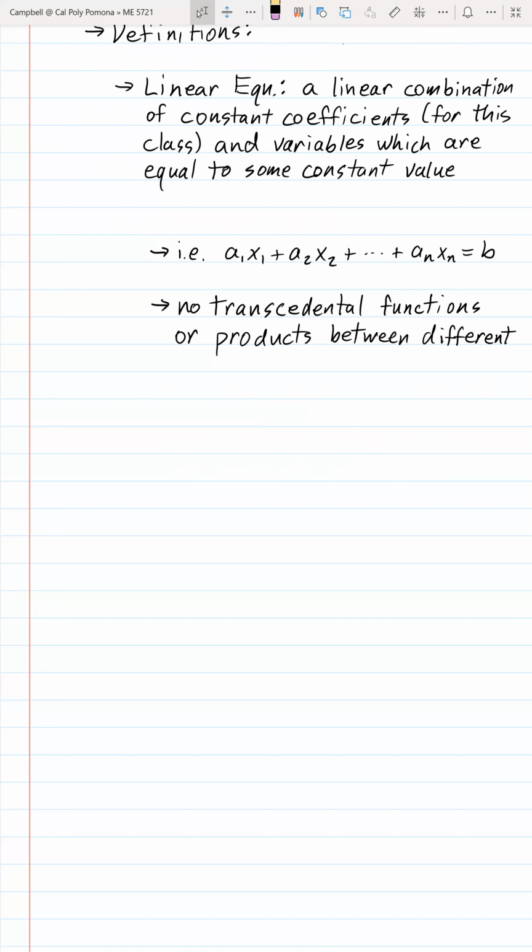When we start talking about a linear system, then we have a set of linear equations.